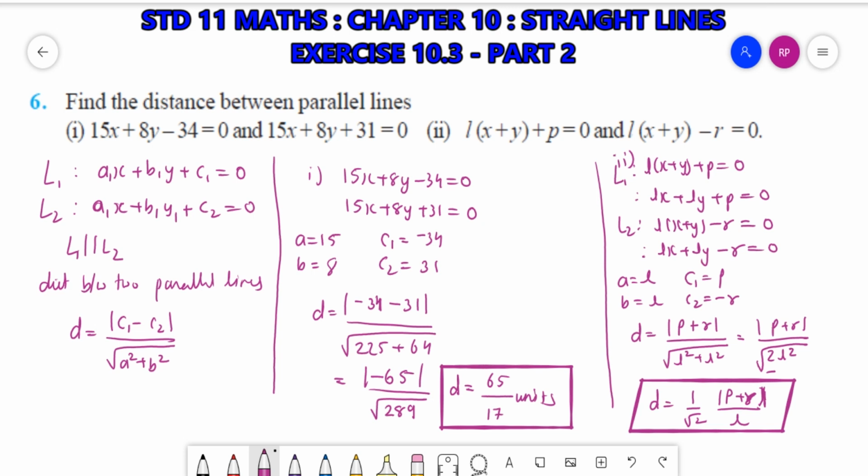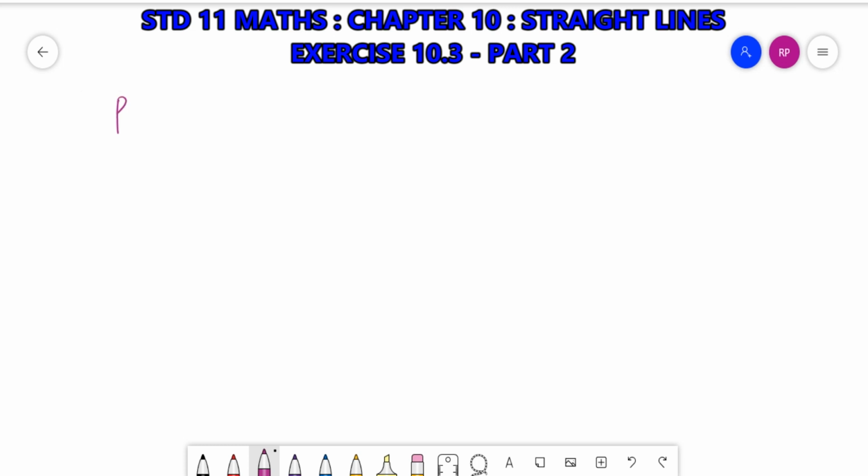Okay, now let's move. Before starting 7th and 8th, let's see the family of parallel and perpendicular lines. First about parallel lines.